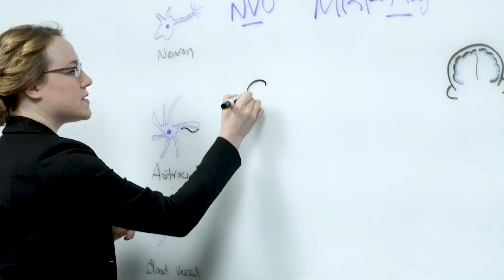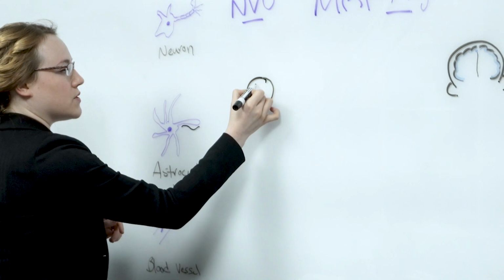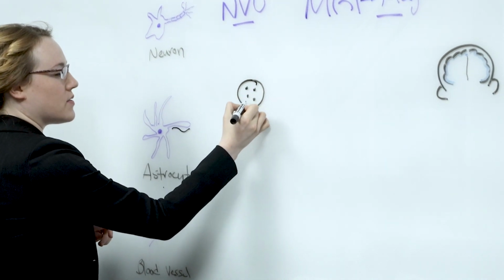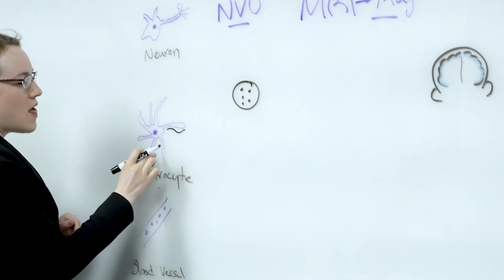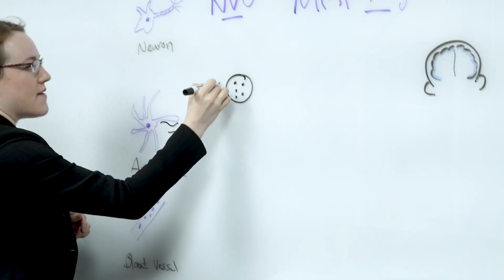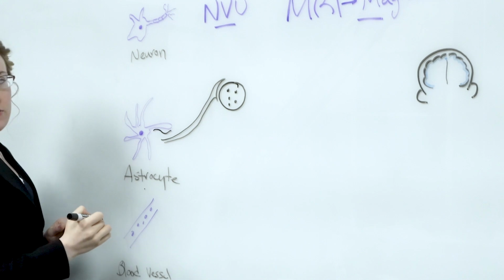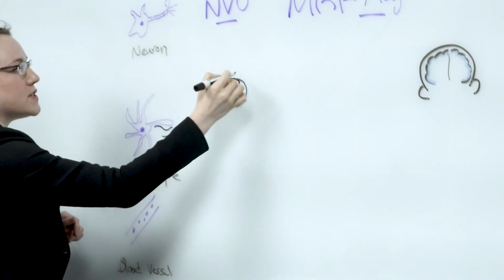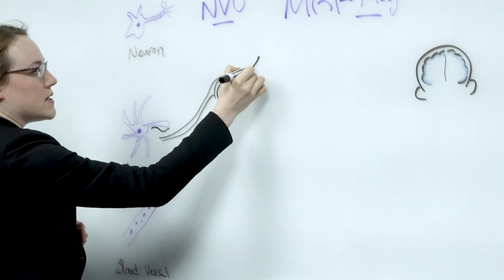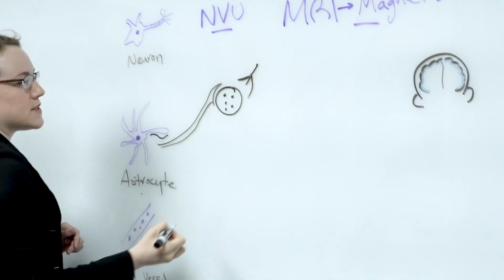If you think of this as the blood vessel, there are red blood cells and other things inside of it. The astrocytes actually have end feet that surround these blood vessels. And then synapses are also part of this complex.